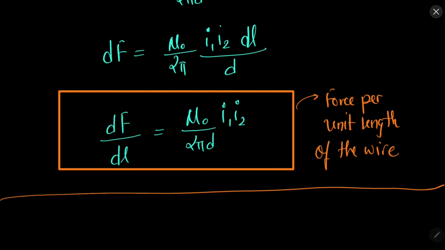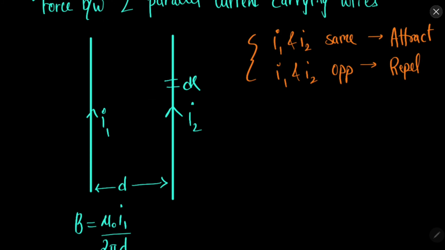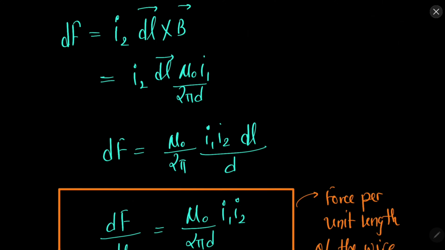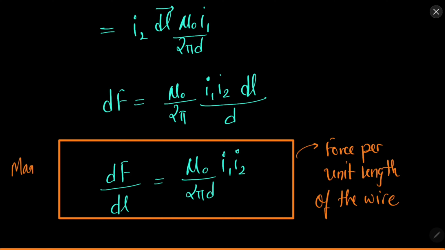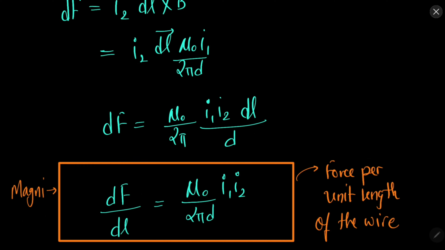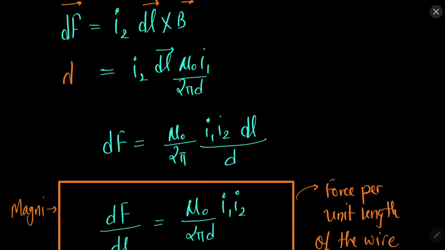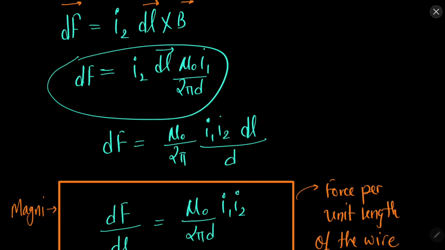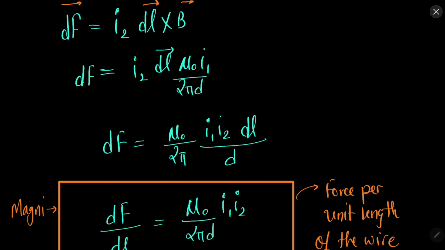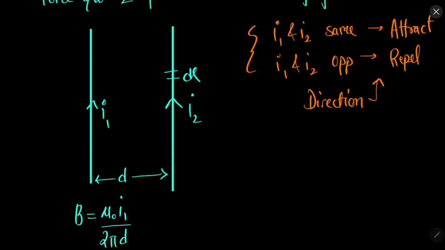So the force between two wires can be given by this, and the direction can be obtained by this. This is about the direction, and this is about the magnitude. Here we have taken the scalar quantity only. Direction can be obtained from this.